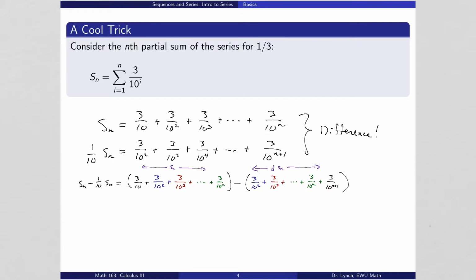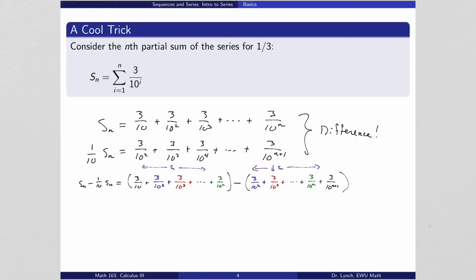You can see we've got s sub n, which is 3/10 plus 3/10 squared plus 3/10 cubed, all the way out to 3/10 to the n power, minus 1/10 s sub n, which again is 3/10 squared plus 3/10 cubed, and so on, all the way out to 3/10 to the n plus 1 power. And I've tried to indicate the terms that cancel.